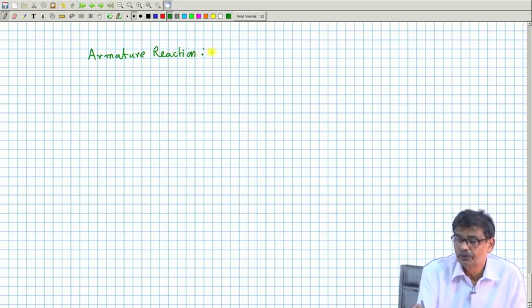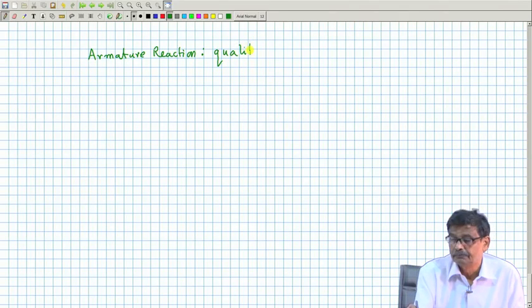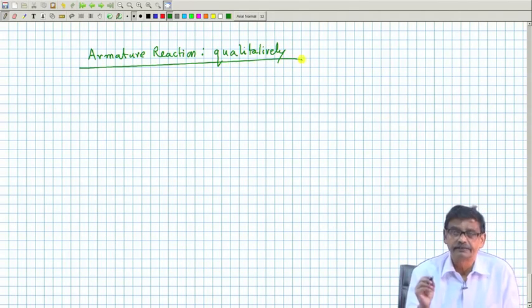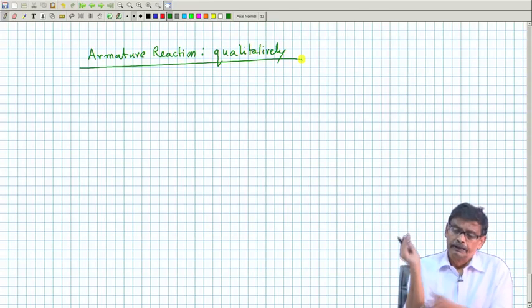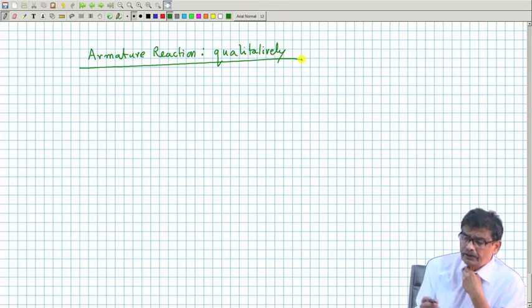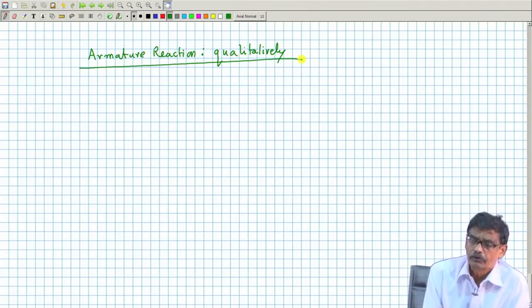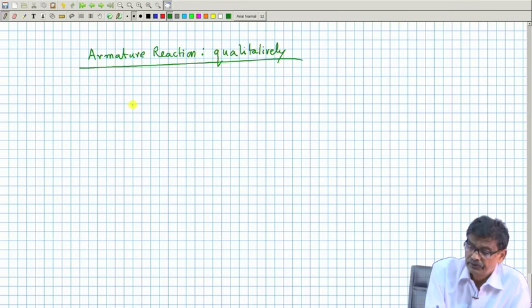First, I will discuss it qualitatively. Let us discuss it. Very simple idea. See, I will consider the generator mode of action only, and I will be showing the poles also, just symbolic. Okay.